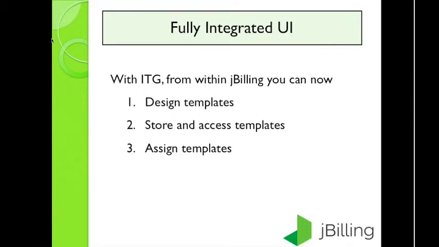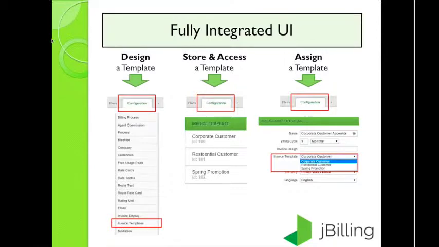And it's all within the UI of jBilling. We're going to see that very soon. You click on configuration, and there's going to be the invoice templates configuration option, and from there you'll see all the templates, and then you can just select which one you want to edit or modify. Let's go take a look at this.